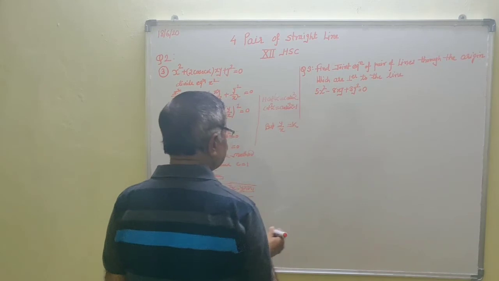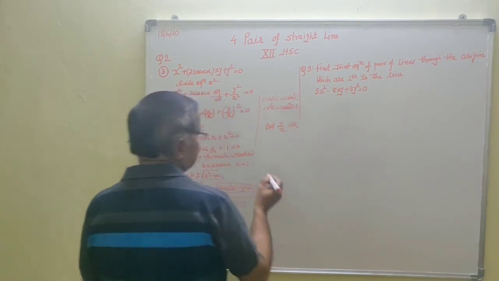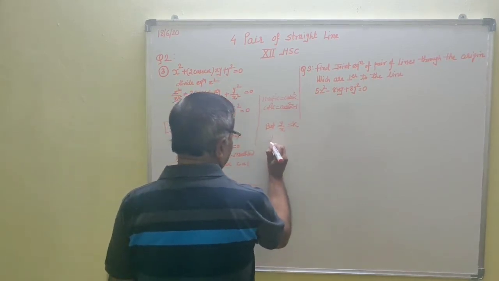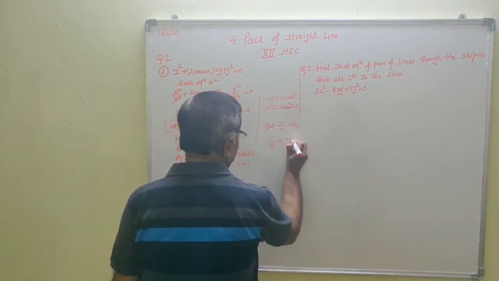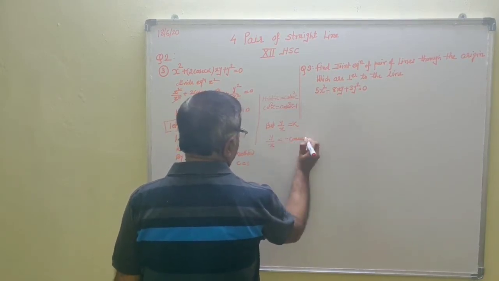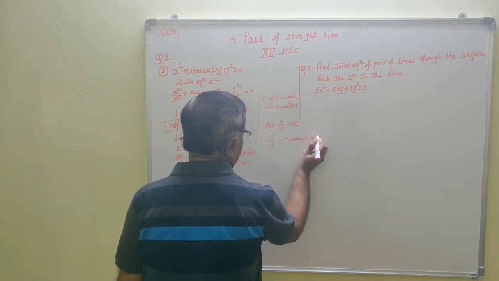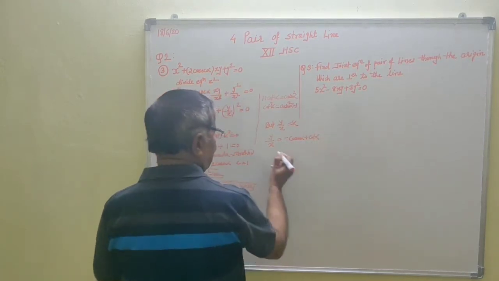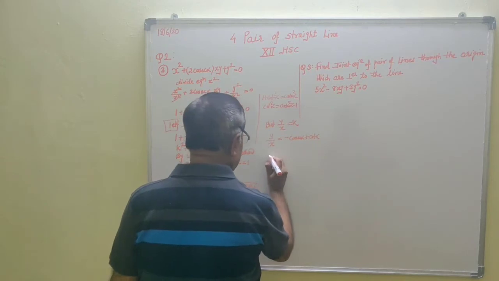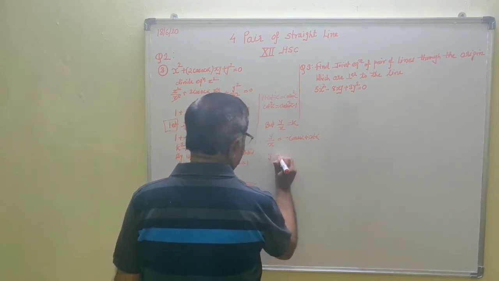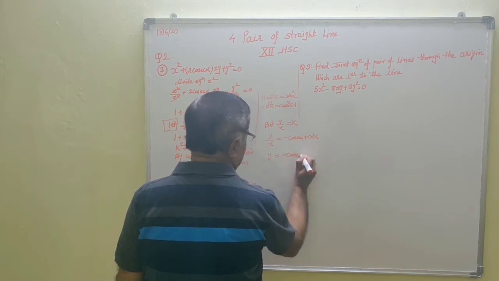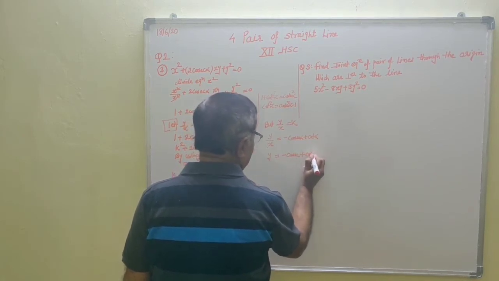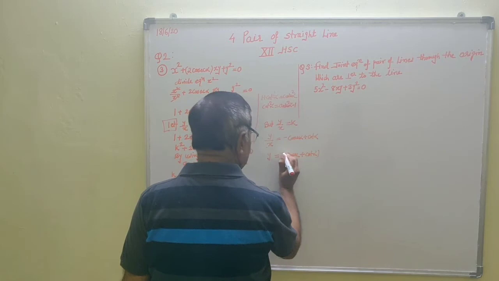Now I will substitute the value of k. The first value of k is minus cosec alpha plus cot alpha. Now I will transfer x to that side. So y is equal to minus cosec alpha plus cot alpha into x.